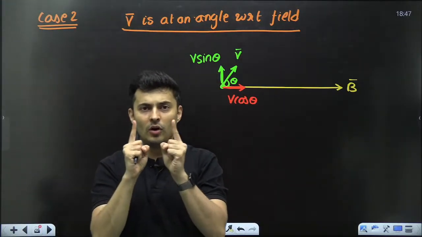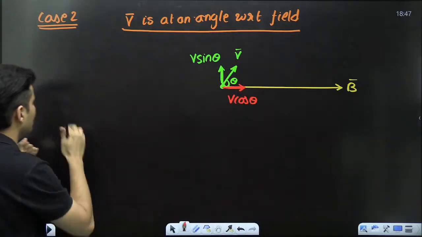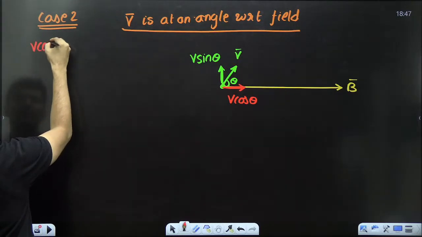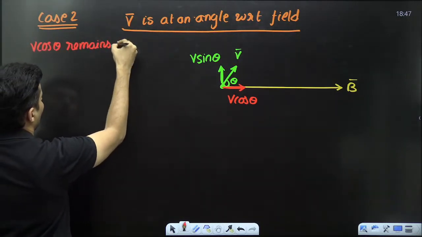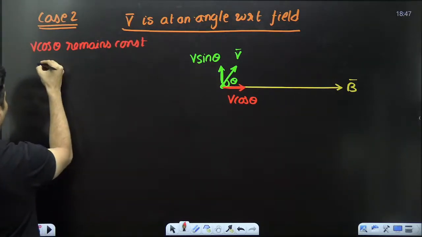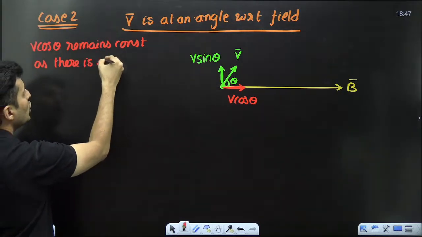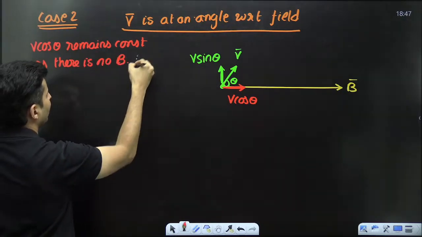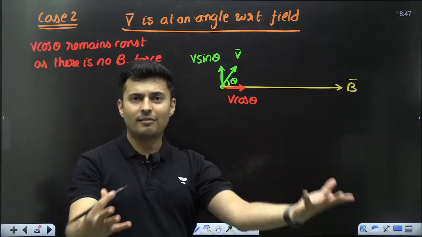It will keep on moving with a constant speed because it does not experience force. So I can just say v cos theta remains constant as there is no force by the magnetic field, right?